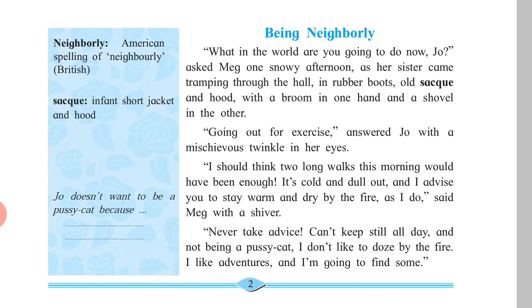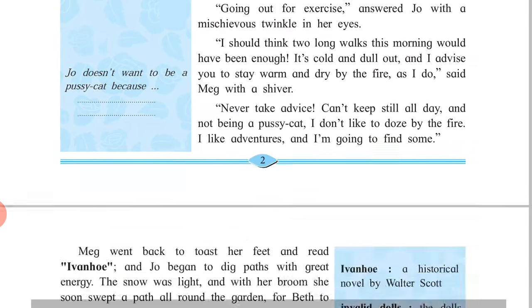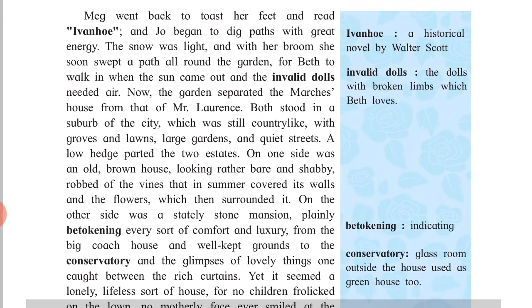She saw Laurie sitting near one of the windows on the second floor. Jo felt sorry for the poor lonely boy. She threw a snowball at the window, grabbing Laurie's attention.